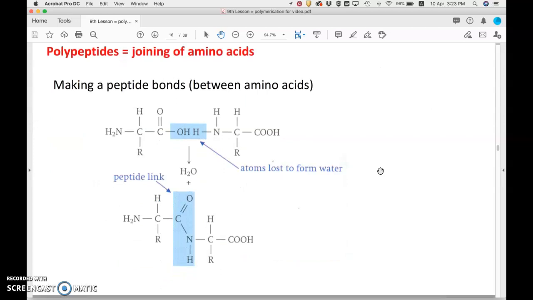So I think here again it just illustrates the formation of the initial peptide link, but it would occur again here. So the next amino acid would come in to this place here where I'm circling on the right hand side, and the amine group would react with this carboxylic acid.